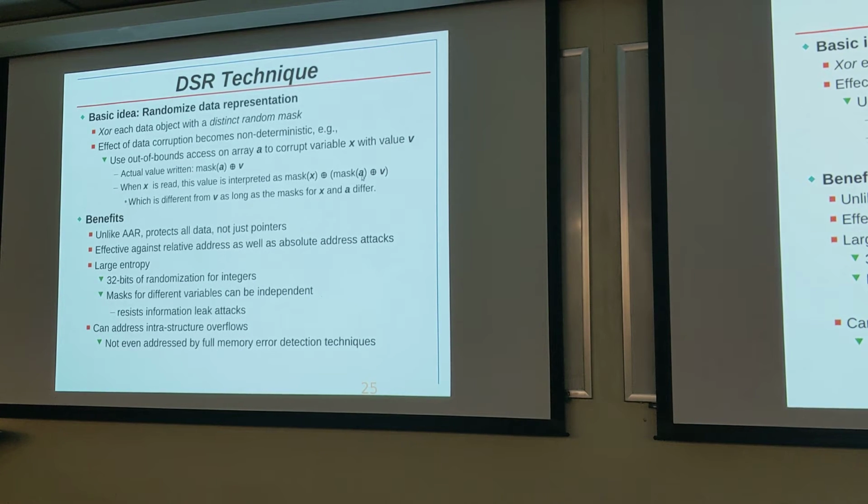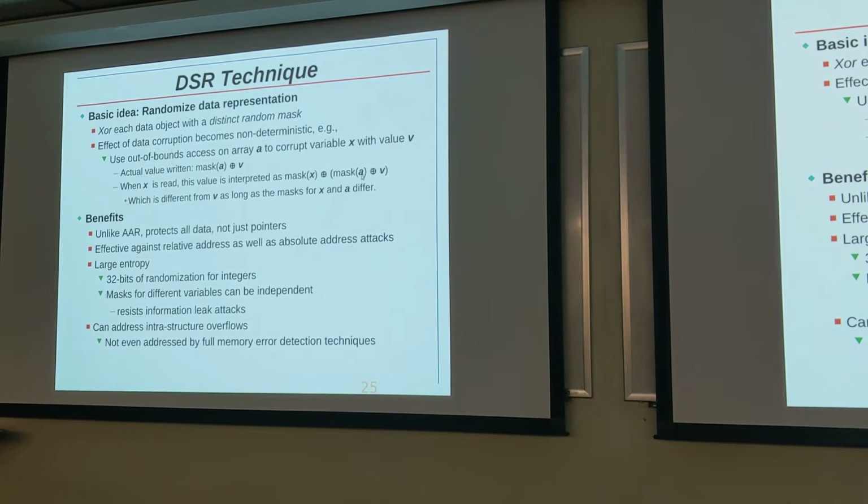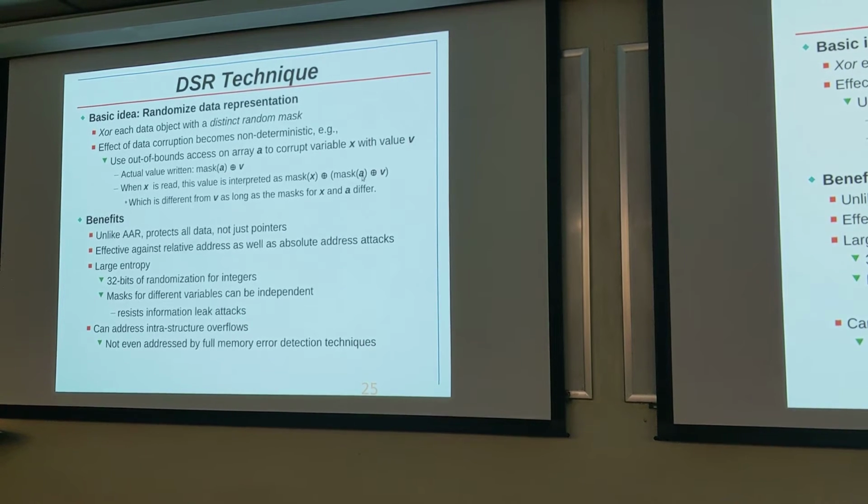If the attacker finds an attack that just corrupts a variable, even that kind of attack, which doesn't involve any pointers, can still potentially fail because of the masks not matching. Any kind of overflow, even of the simplest data types, can potentially be stopped.